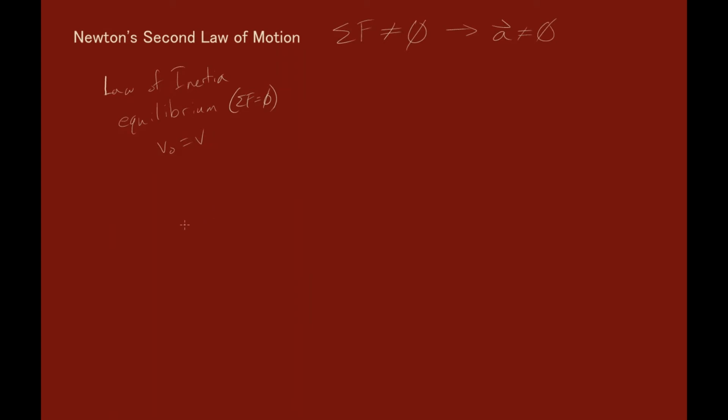And I feel like the first law may be misnamed. I almost feel like the second law should be called the law of inertia because it describes what determines the amount of acceleration. The second law says that the acceleration is proportional, it's like an infinity symbol, but somebody cut off the end.